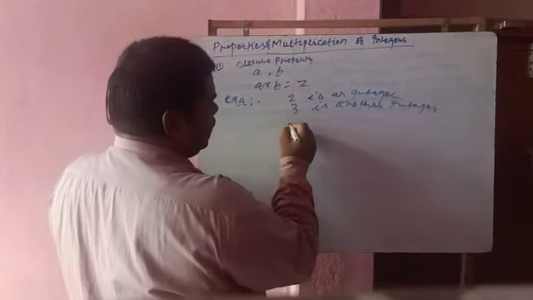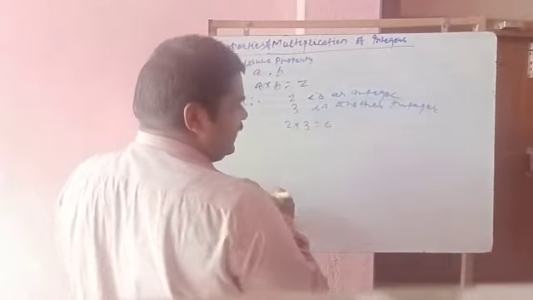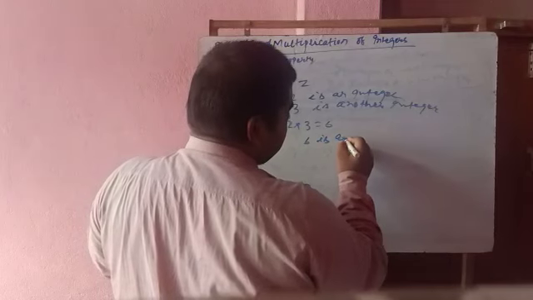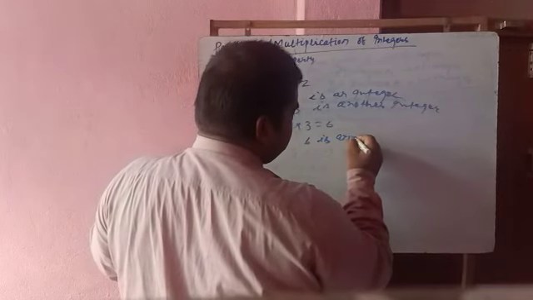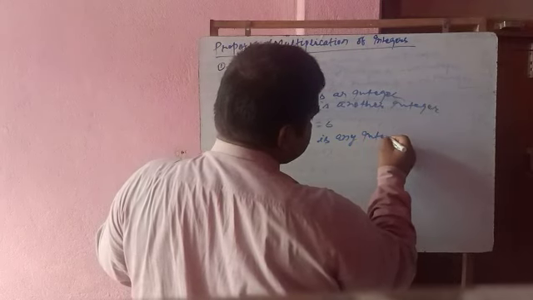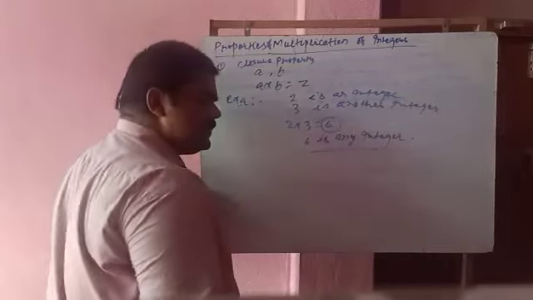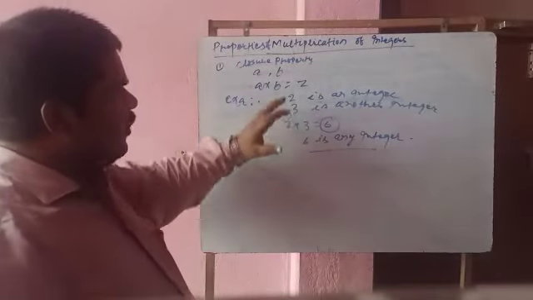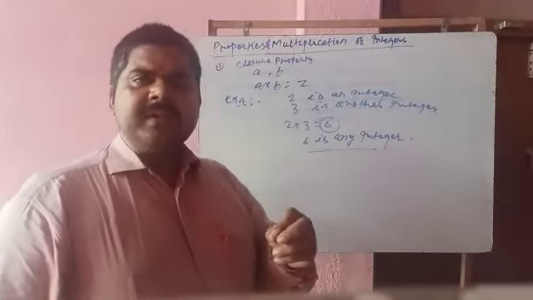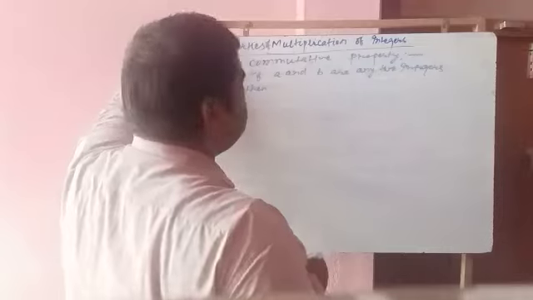If you multiply 2 into 3, the result is 6, and 6 is another positive integer. So you conclude that if you multiply any two integers, the result must be an integer.